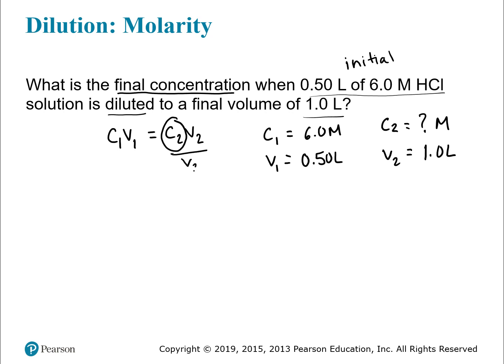To isolate that, we're going to divide both sides by V2. And you get C1V1 over V2. Let's fill in our numbers.